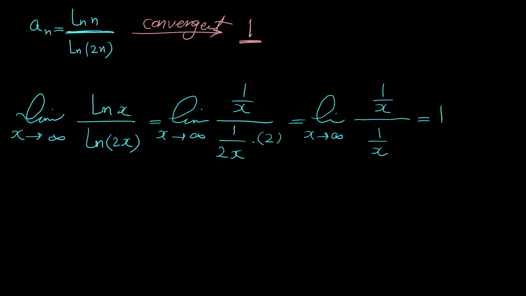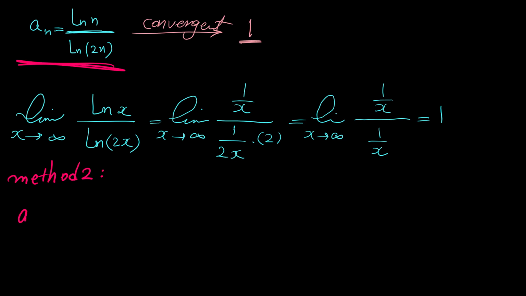Here, let me show you another method for finding the limit of this sequence without L'Hopital rule. Maybe the L'Hopital rule is easier, and in this video we want to find the limit of a given sequence with the L'Hopital rule if it is possible. But let me show you another method without L'Hopital rule.